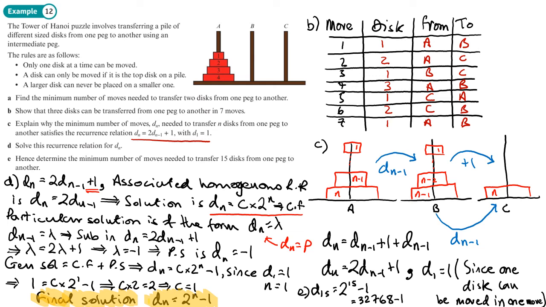We need to minus 1 from that, and that will give us an answer of 32,767. I'll just highlight that because there's lots of other working. So there's our final answer for part E.